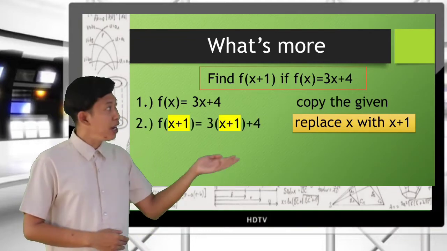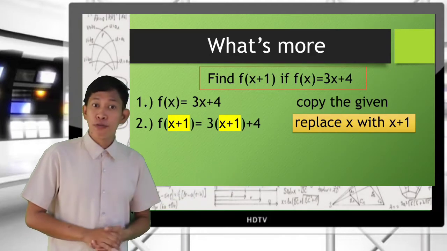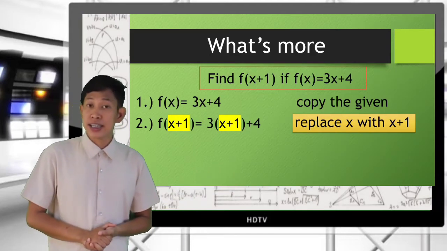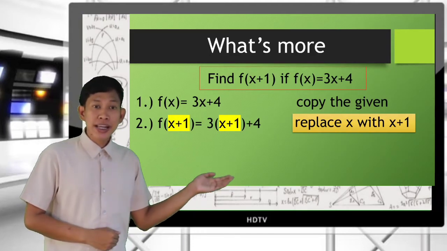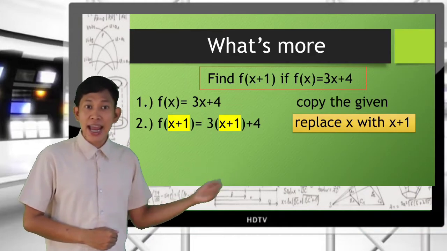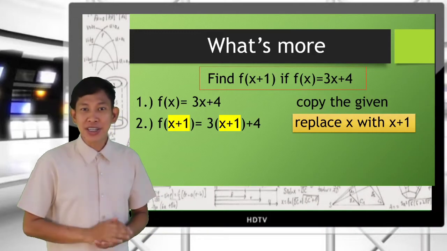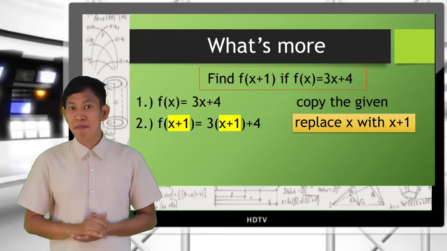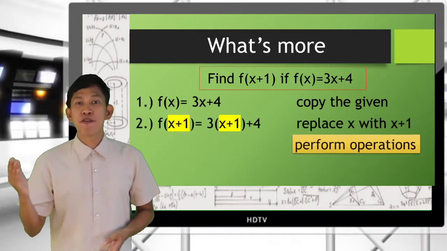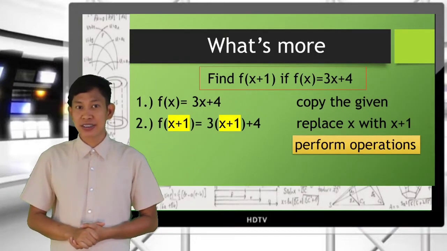Okay, so we will be having f of x plus 1 is equal to 3 times the quantity x plus 1 plus 4. Very good. And the third step, perform operations.